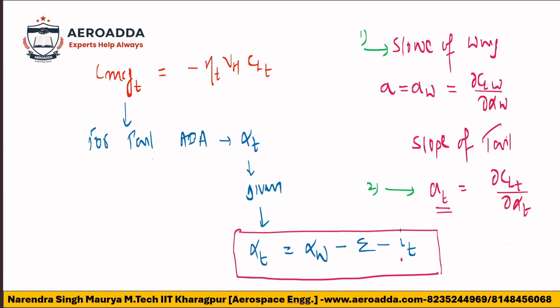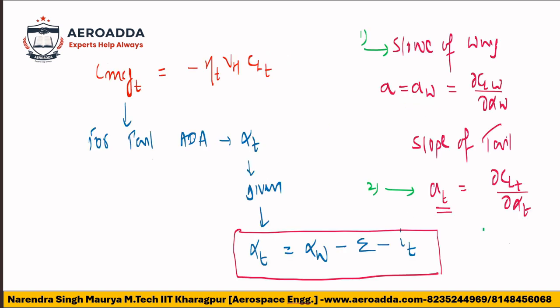Now moving to the next, because I am interested in the complete form of the CMCG of the tail. As you know, AT is nothing but the slope of the tail. It is defined as ∂CLT by ∂αT.